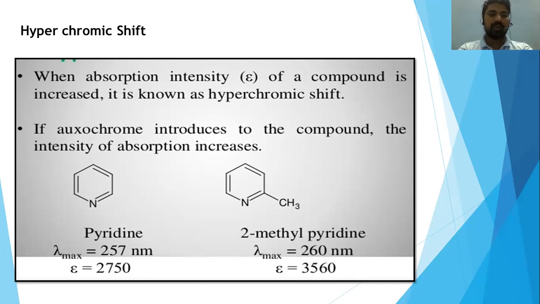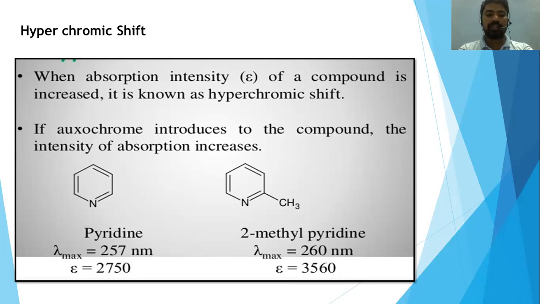Here, hyperchromic shift and hypochromic shift are related to the absorption intensity of bands appearing in the UV visible spectra of a molecule. Whenever the absorption intensity, the peak height, is increased to a maximum value, that kind of shift of a molecule is called hyperchromic shift.